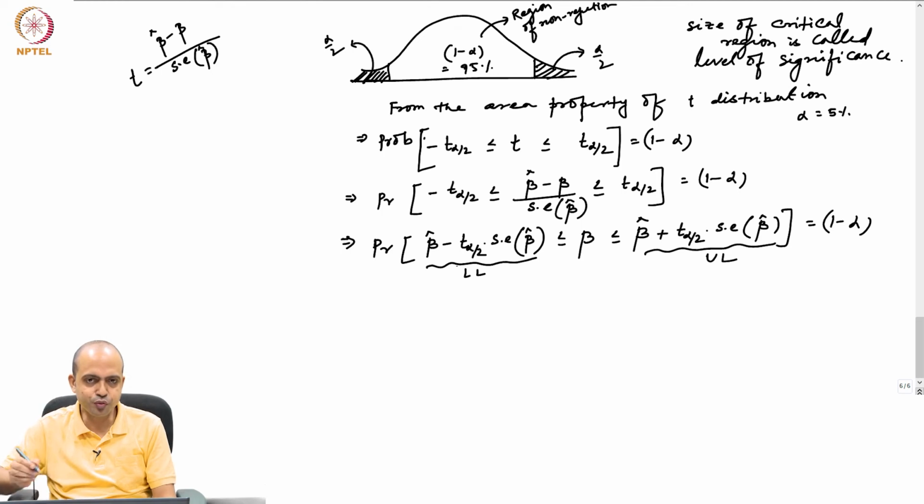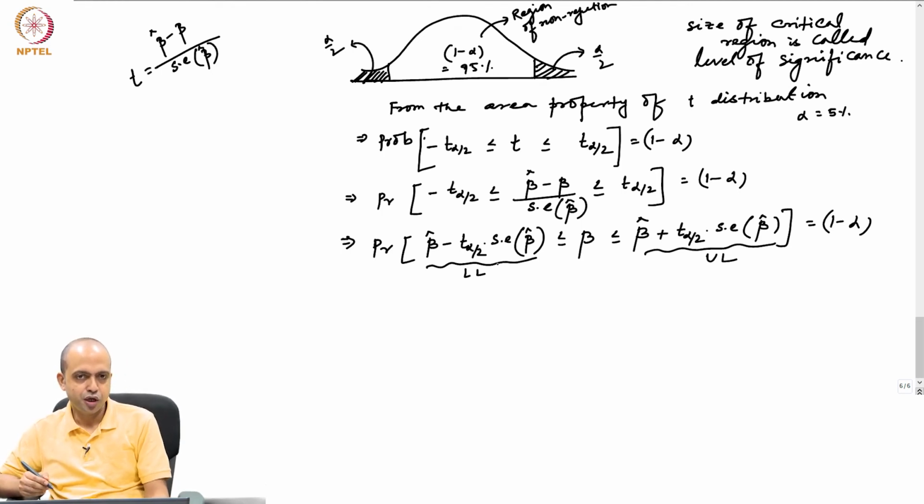So, what does this probability statement say? Apparently, it may so appear that you may like to interpret this probability statement as: this interval will capture the true value of beta, the population parameter beta.